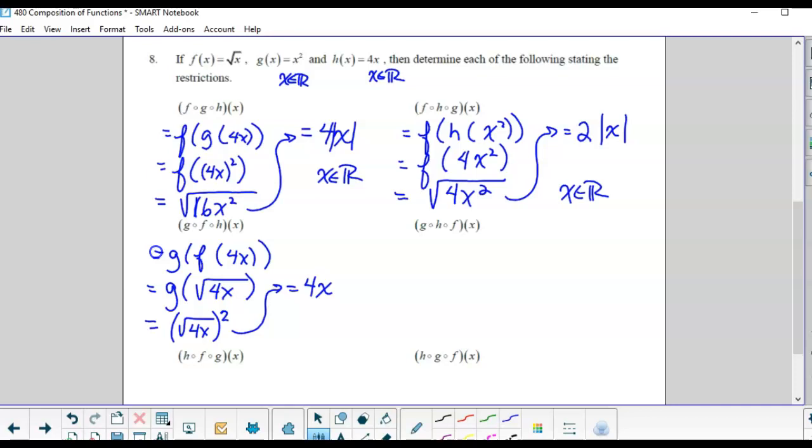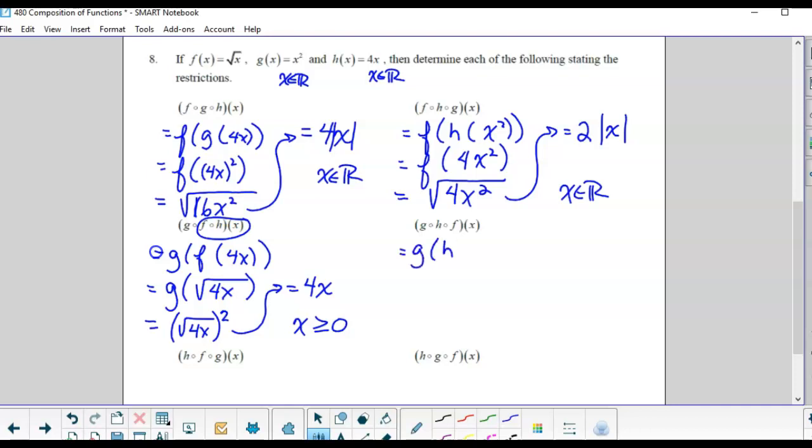So if we just did this part here and found that domain, x has to be greater than or equal to 0. And then we're squaring it, so it doesn't matter. So here, x is going to have to be greater than or equal to 0. It's kind of like doing it in steps, finding the domain of f of h of x, and then using that with your final.